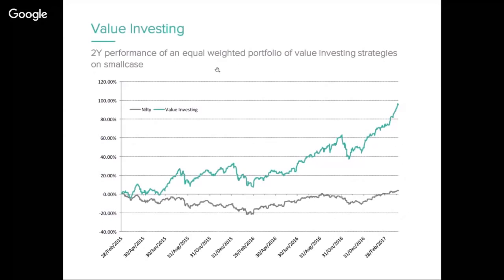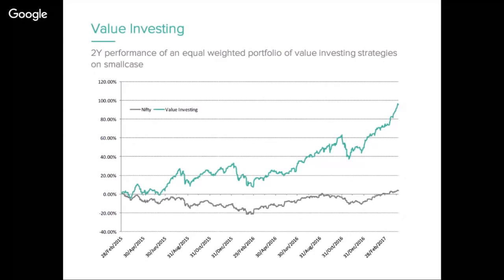In the chart that you see on your screen, basically it represents the 2-year performance of an equal weighted portfolio of value investing strategies that are currently available and live on our platform. You can check out the collection of value investing strategies on the discover page on our platform, and there are 4 different value investment approaches right now available. This graph shows the performance of an equal weighted portfolio of these 4 strategies for the last 2 years.